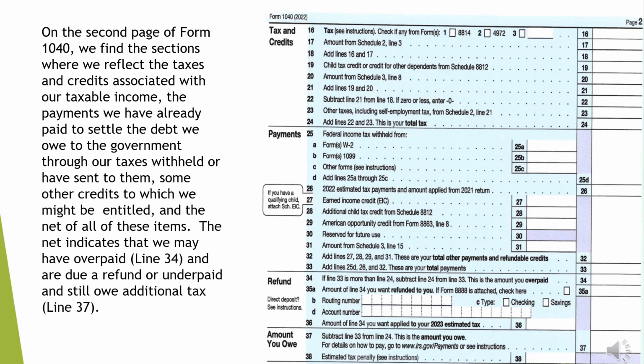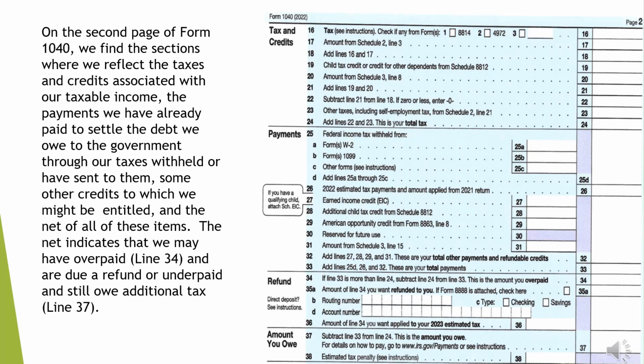For example, some pension 1099s reflect withholding, and you'll reflect that here and attach the 1099. Then you have these other credits that you may avail of to offset your tax liability. You'll come down here to line 33 to show the total credits and payments.